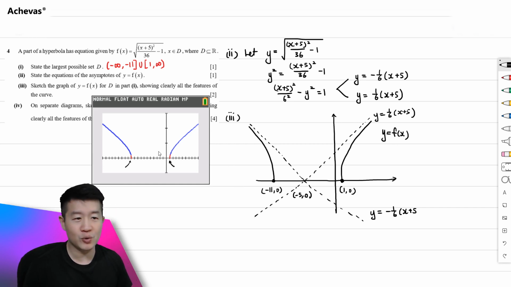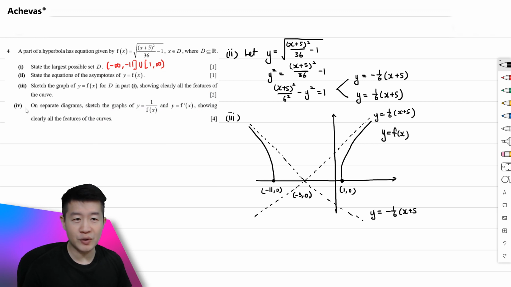And it's synchronized to our calculator, and it's synchronized to part 1, where the largest possible set of D is from minus infinity all the way until minus 11, and then from 1 all the way until infinity. That is why for part 1, if you are already able to visualize the equation of the hyperbola, then you can probably just make use of the visualization to code this without having to do it algebraically.